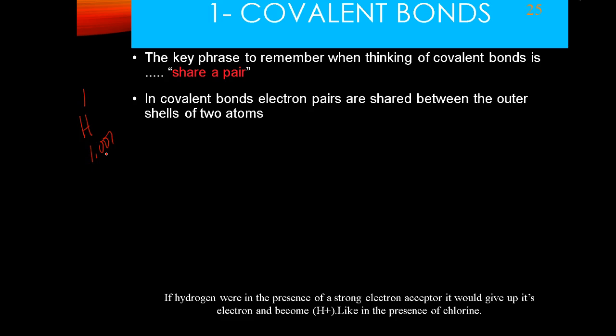So if we drew it, we'd have 1 proton in the nucleus, 0 neutrons in the nucleus, and 1 shell with 1 electron.